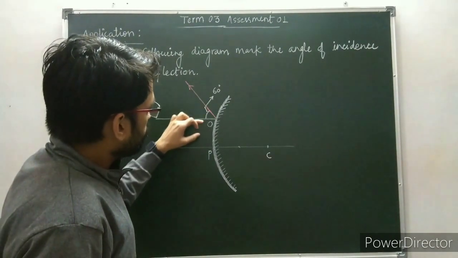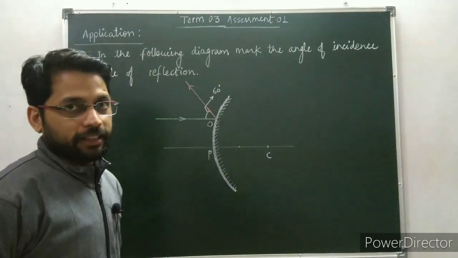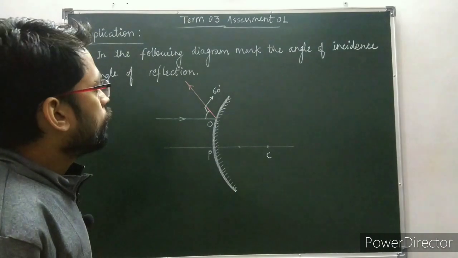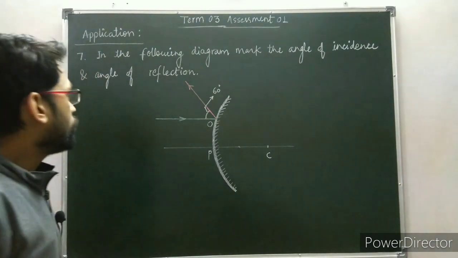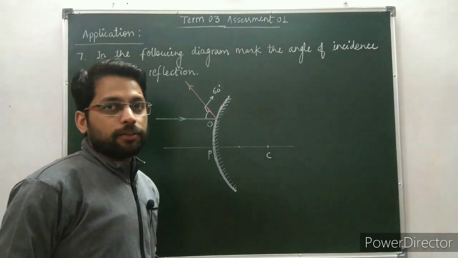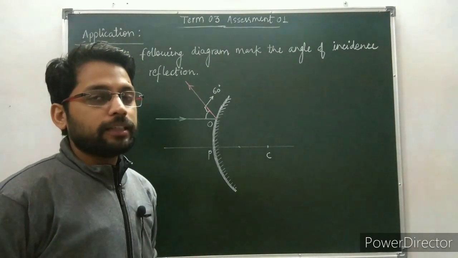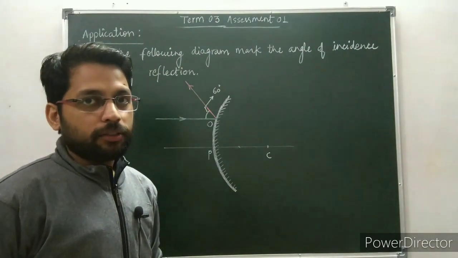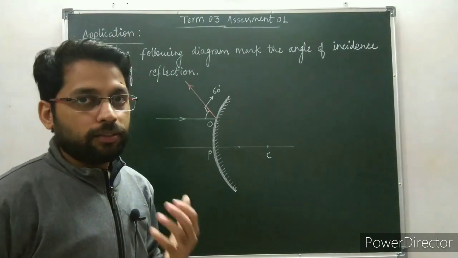angle between the incident ray and the reflected ray is 60 degree. Okay. In order to mark the angle of incident and angle of reflection, first we have to draw normal, because all the angles are measured from a reference line known as normal.